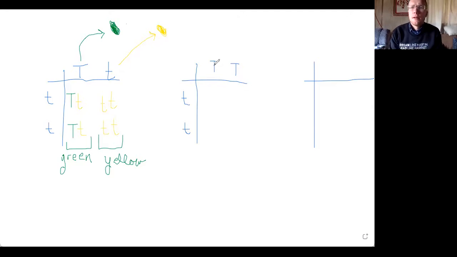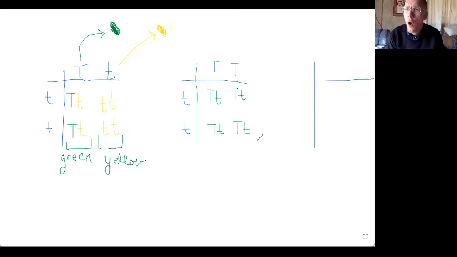So the green trait is passed on, and this allele is passed on. And this one is passed on. So we do write the capital T down below it. And then here we write the lowercase t to the right and the lowercase t.